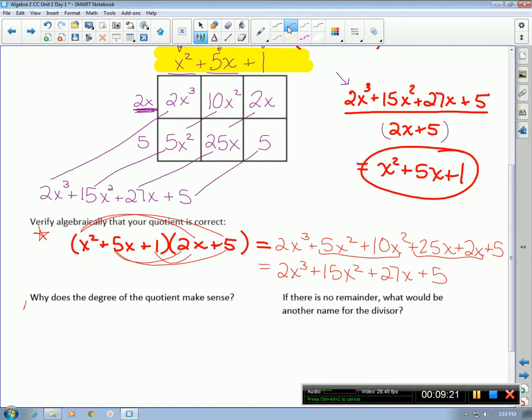Next question says, why does the degree of the quotient make sense? So the degree of our quotient is 2. Let's consider the degree of our dividend.